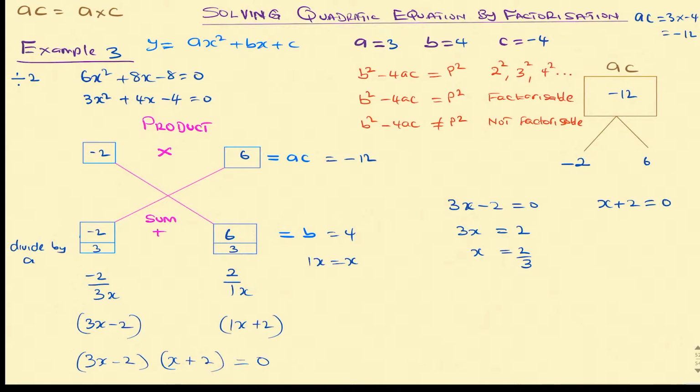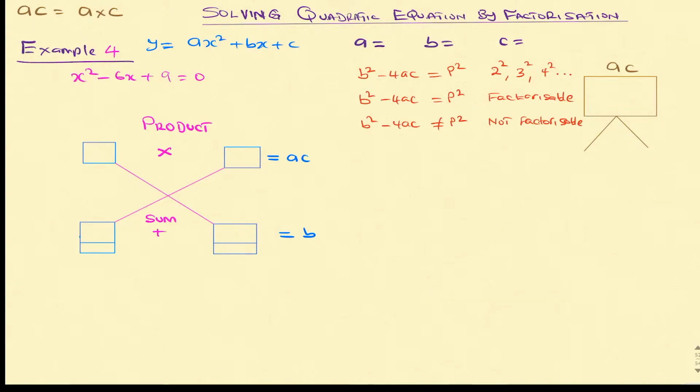Take away 2 from both sides. X equals minus 2. So our roots or solutions are x equals 2 over 3 and x equals minus 2.